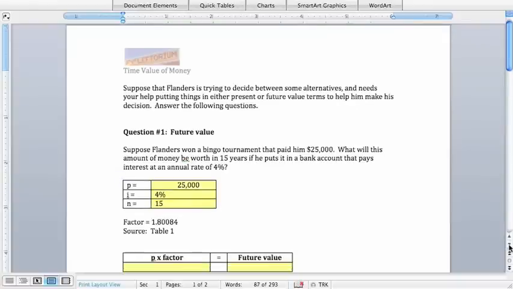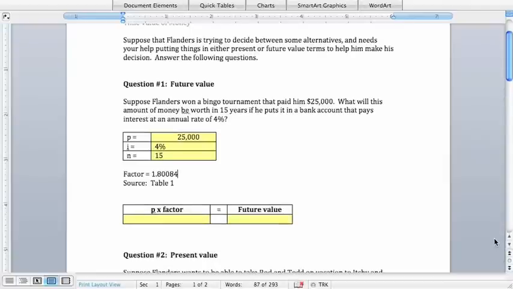What these factors do is make us have a pretty easy calculation where if we want to know the future value, we can just take our principal amount and multiply it times this factor, and the compounding will have already been done for us. So we can take our principal amount of $25,000 and multiply it times that factor of 1.80094, and we know that if Flanders had left the money in the bank, then it would have built up a total of $45,023.50.